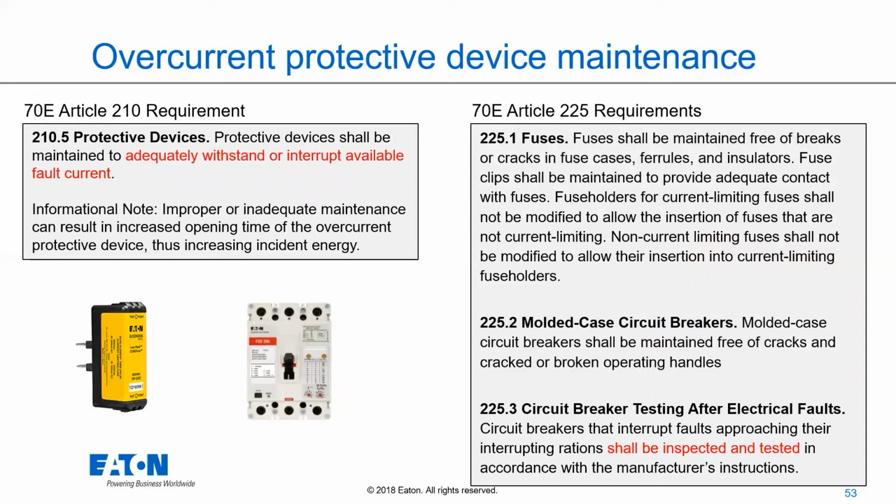Breakers should be maintained free of cracks, with no broken operating handles. You are supposed to do testing after a circuit breaker opens after an electrical fault. It says to do it per manufacturer's instructions. I know that this is something that is not regularly done in the field. It's very difficult because you'd say, well, how do you check? A lot of times it's checking for the cracks or the broken handles.